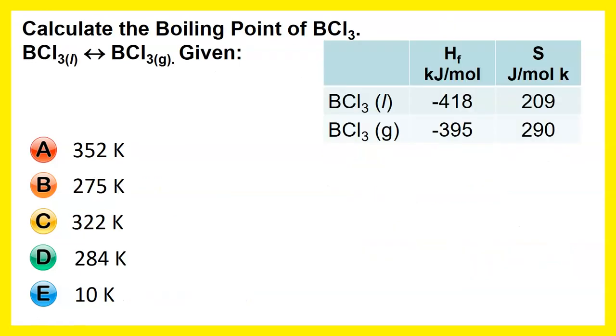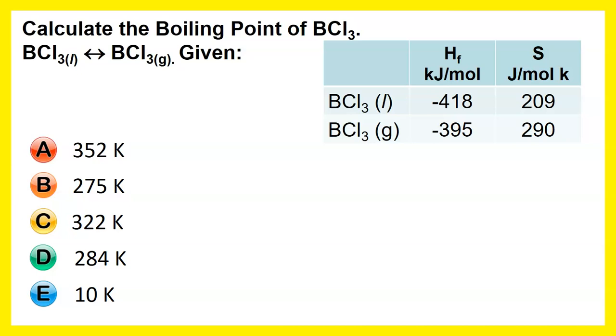Sometimes you may get a question that at first glance doesn't really seem to be about Gibbs free energy. It doesn't mention it anywhere in the question. So something like this, where it's asking you to calculate the boiling point of a substance, and then they give you enthalpy and entropy values, and people kind of go, wait, what?